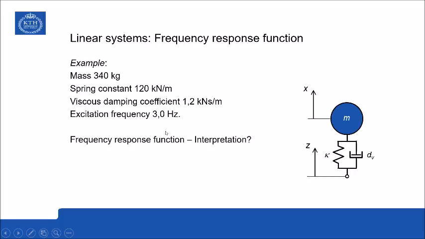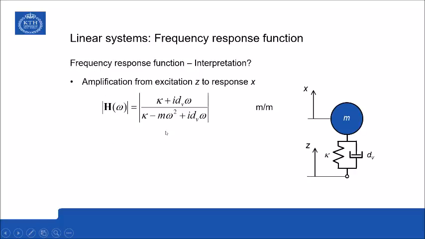Then if we consider the frequency response function at this particular frequency, we can start with the amplification from the excitation to the response, that is the absolute value. If we introduce the parameters and calculate the absolute value, we will find that it is 5.4 meters over meters, which is the unit in this case.